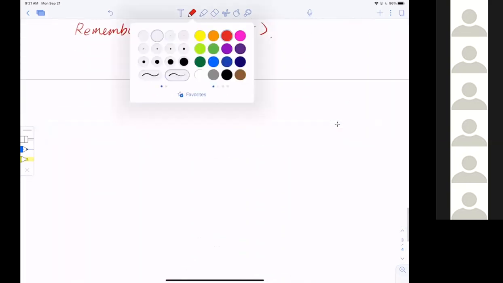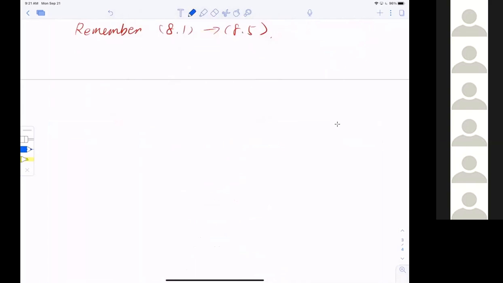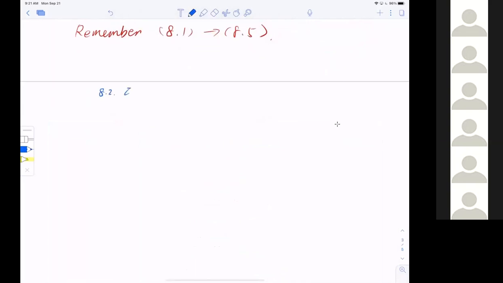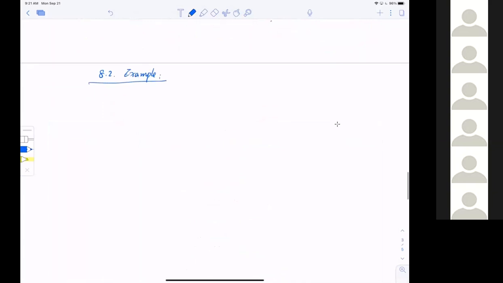Okay, so now let's take a look at an example. I have a simply supported beam, and I have a span length of 28 feet.